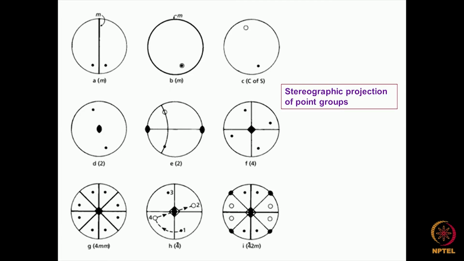If it is anywhere on the top hemisphere, the projection will be inside the equatorial circle. When we consider a space lattice and any planar directions, it is going to be in 3 dimensions. So anything in a 2-dimensional lattice, it is only the equatorial projection which you have to consider. That is why the motifs are always placed on the circle.